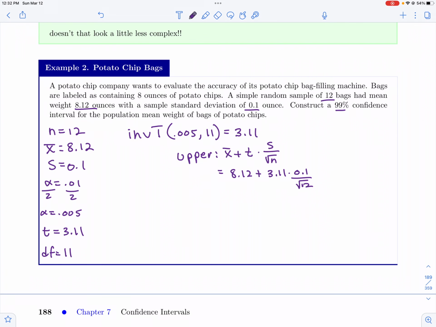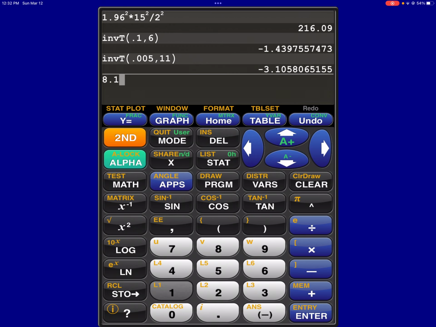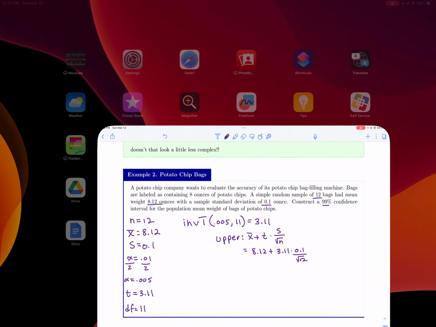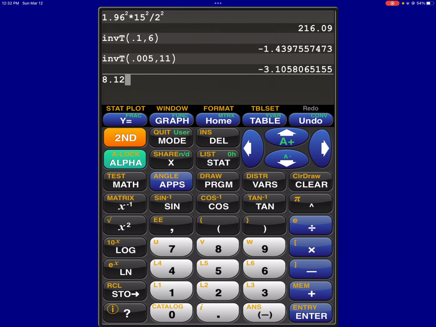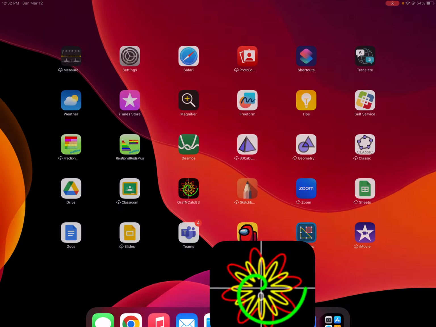Let's throw that in the calculator real quick. 8.12 plus 3.11 times 0.1 divided by square root of 12. That takes us out to 8.21 as our upper bound.